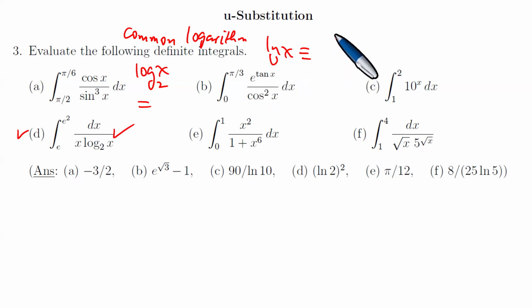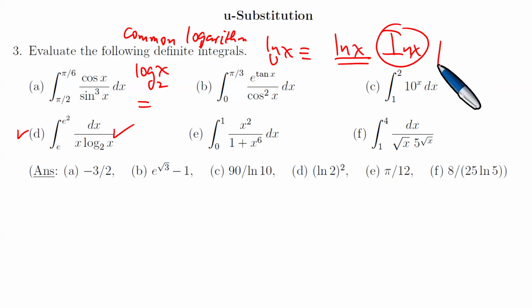And it's not "in x", though some students begin thinking it is. It is natural log of x. And the ln stands for the natural log. What is the natural log by definition? Because we must know.